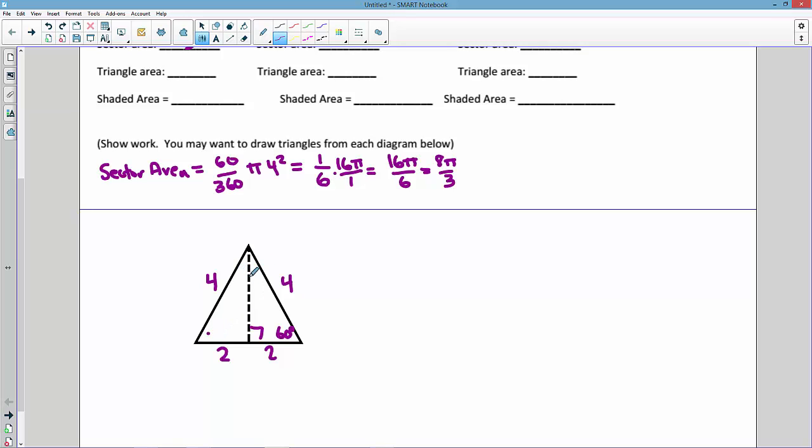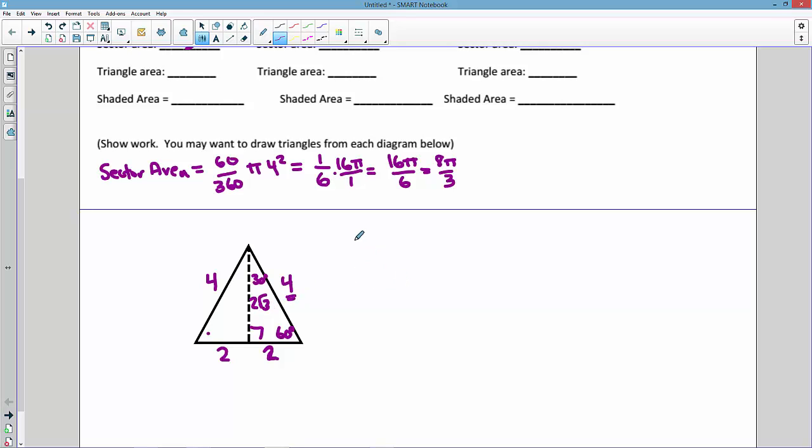And this big angle at the top here is 60, but it's being bisected, so it's 30. So it's very important, and this you recognize in an equilateral triangle, that there's two 30-60-90s if you break it up like this. This is the short leg. And of course this is the long leg, so this is 2 radical 3, and the hypotenuse is still 4.